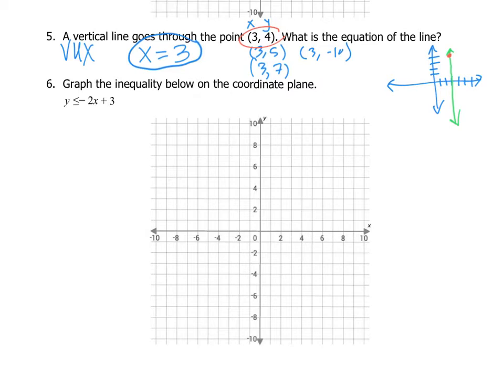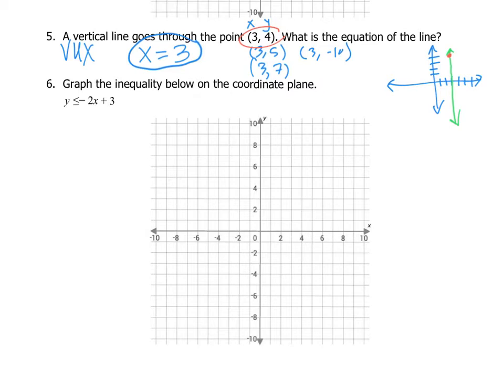Okay, so number 6 on the second page, we are graphing the inequality below. It is already in slope-intercept form, so we don't need to do any moving around with the equation. We are first going to put some points on the graph just like we would if it was an equal sign.